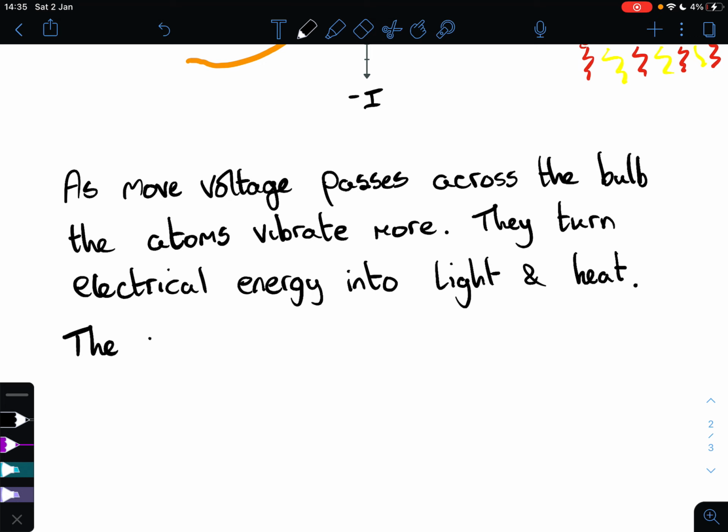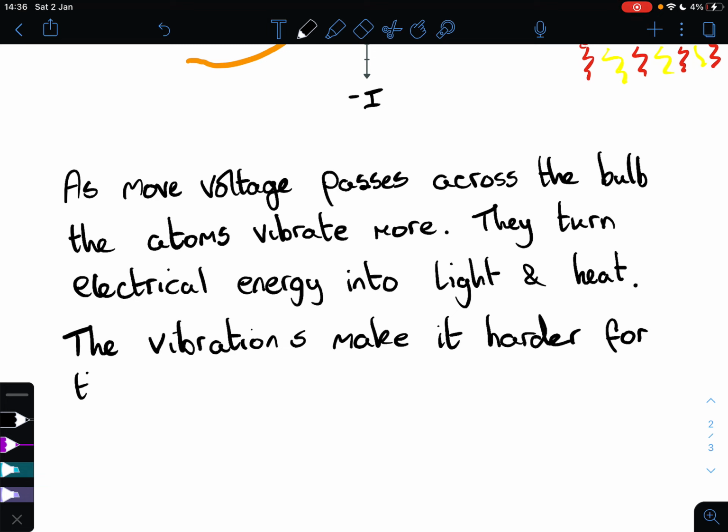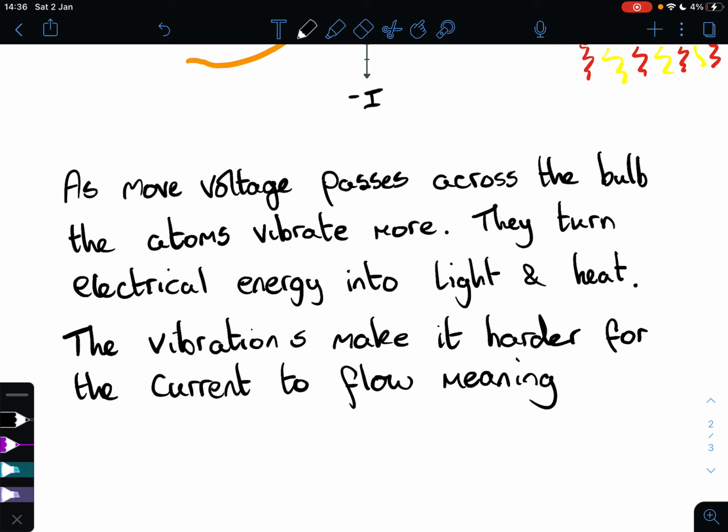The vibrations make it harder for the current to flow, meaning more resistance. And that's the region B.